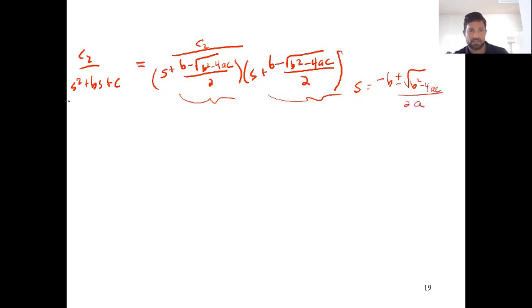But in this case, A is equal to 1, so there was no A here and no A up here. And so I just wrote these as the poles in here, right? So we can express it this way. And now depending on the relative values of these terms, we can have different things. So we have essentially 3 scenarios.